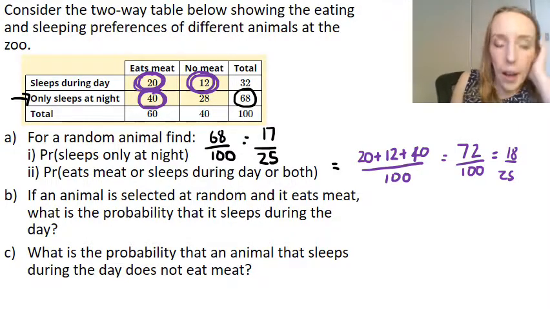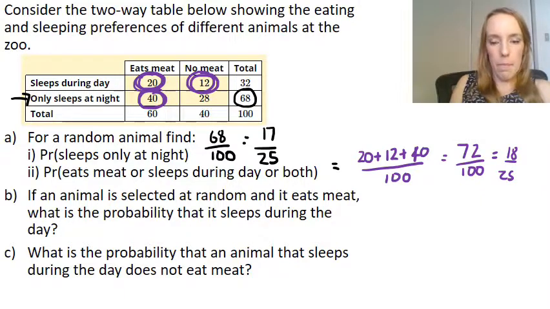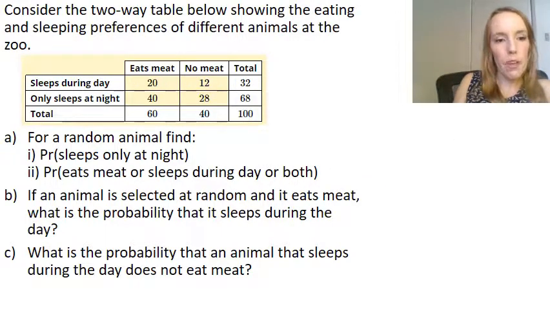Okay. So B, if an animal is selected at random and it eats meat, what is the probability that it sleeps during the day? Okay, I'm going to clear this so that we can have a clear two-way table. If an animal is selected at random and it eats meat, that means we're only looking at animals that eat meat. So there's 60 of them that eat meat.